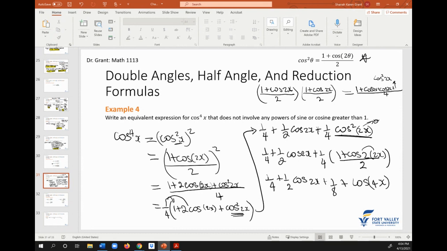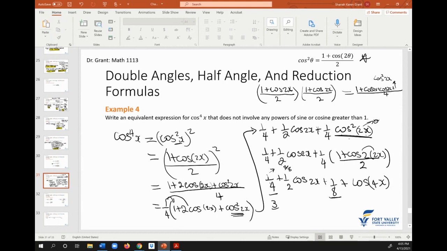Okay, now the last thing we can do is combine our constants. So this would be 1/4 plus 1/8. 1/4 will become, actually, no, 2 over 8.